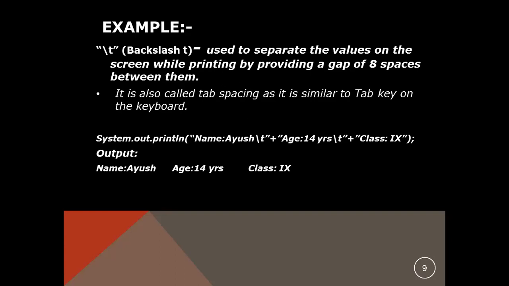Similarly, if you are using \t in your output statement, it will give the same effect as a tab. Look here, example: System.out.println name Ayush, backslash t, age 14 years, backslash t, and look at the output. Name, age, and class are all printed in the same line by leaving a space equal to 8 spaces, which is equal to the tab key.